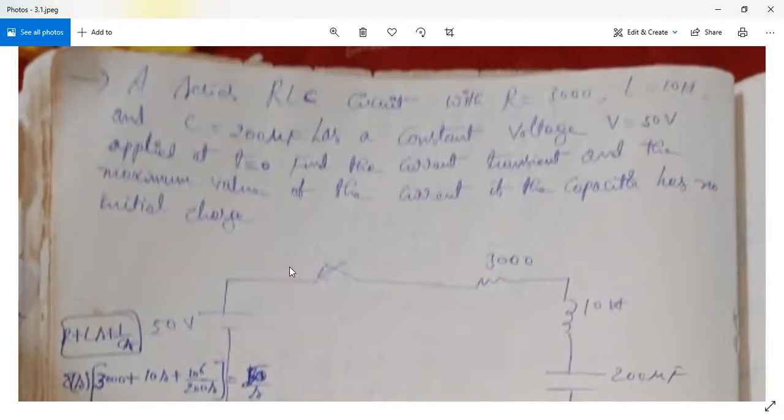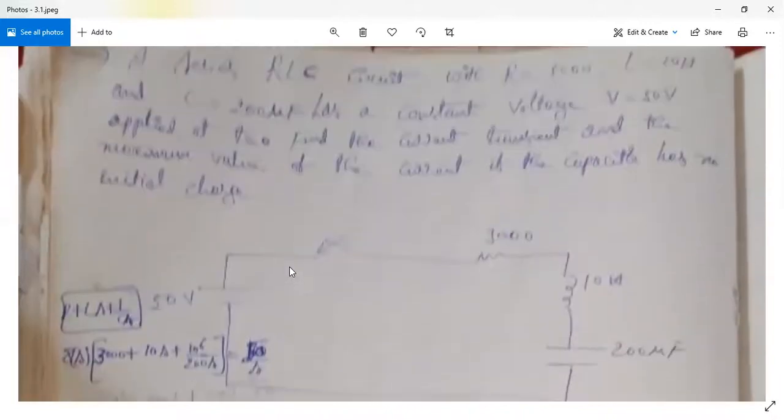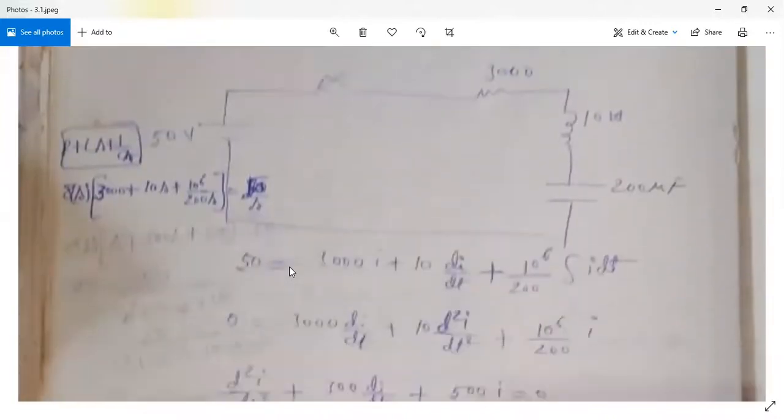So read the problem. They are asking to determine the current transient equation and also the maximum value of the current. First we will determine the current transient equation for this series RLC circuit.